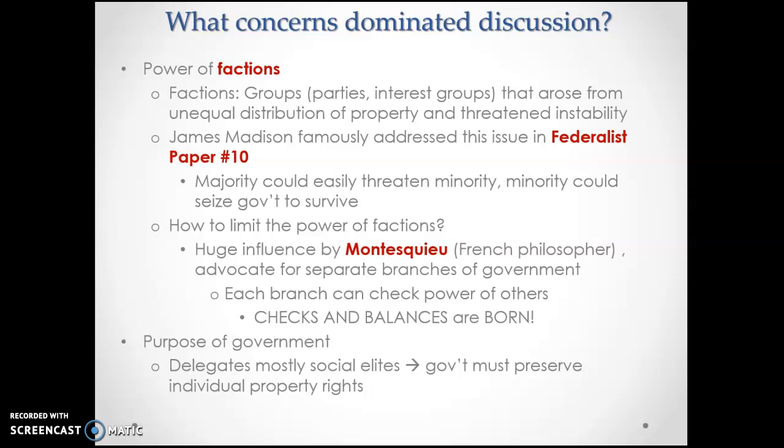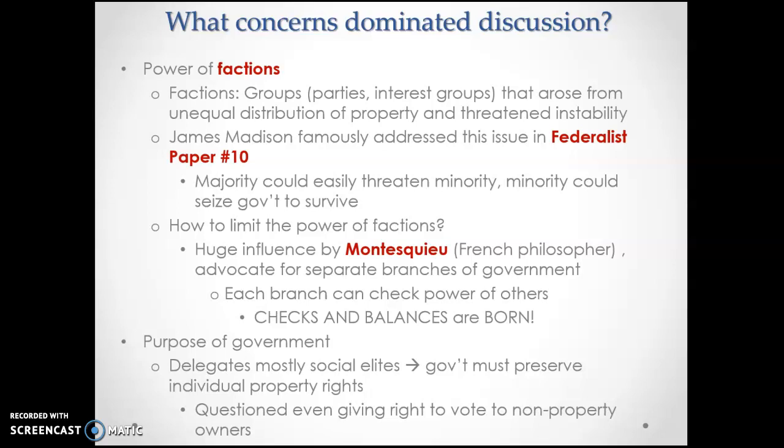And it makes sense that these social elites of the United States would be so concerned about creating a strong enough government that could protect individual property rights, land and wealth, and strong banking systems to make sure that your money is safe and that the dollars are worth a lot and that we have a functioning economy where we can trade with other countries and that we are strong both at home and abroad to protect Canada or other countries from coming in and taking over our property. And so we needed to create a strong federal government that could protect property rights.